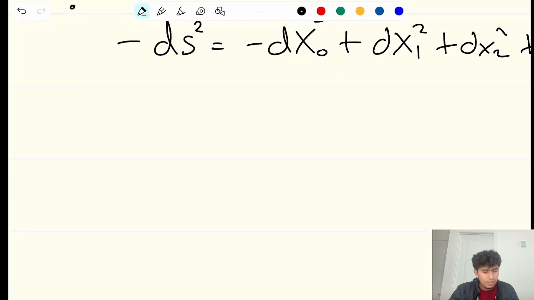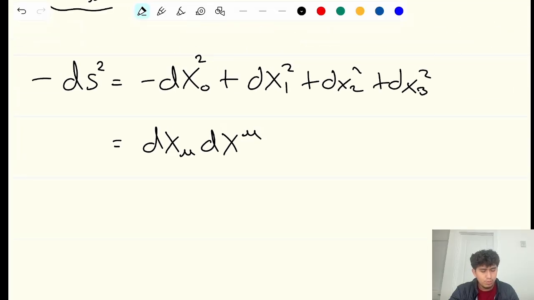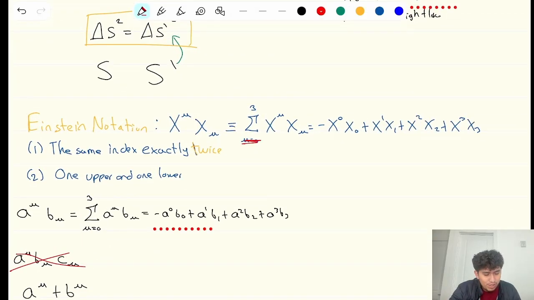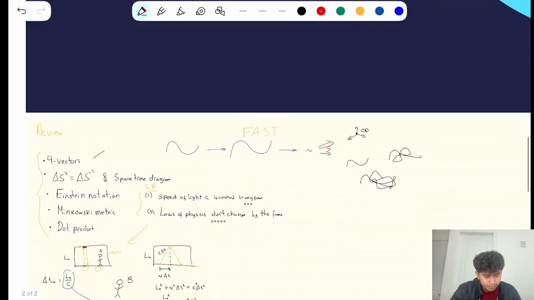And if you follow the Einstein convention, then it will just give you dx mu, dx nu. Cool. It's a very compact way to write stuff. Einstein was very lazy. We are very lazy to write all the components and write summation signs. So that's how we write this. Cool. That's Einstein notation.